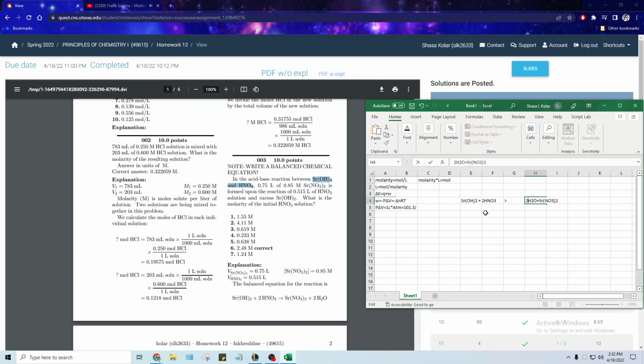Okay, so we balanced our equation. So we have SrO2 plus 2 HNO3 is converted into 2 waters and Sr(NO3)2.